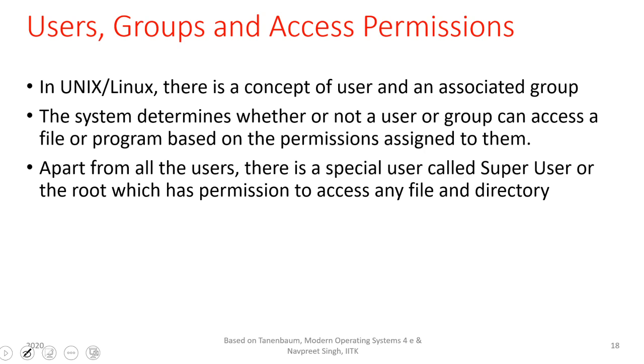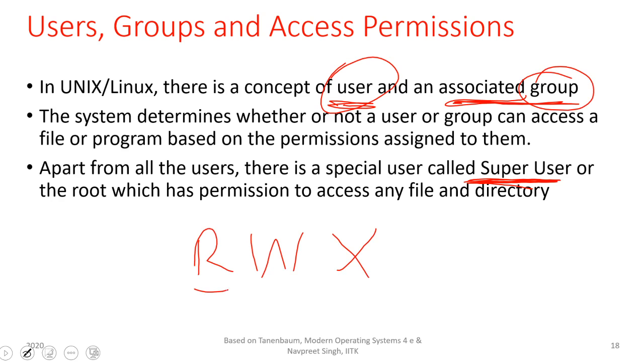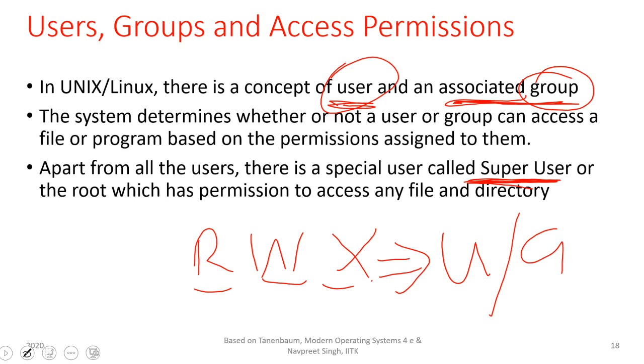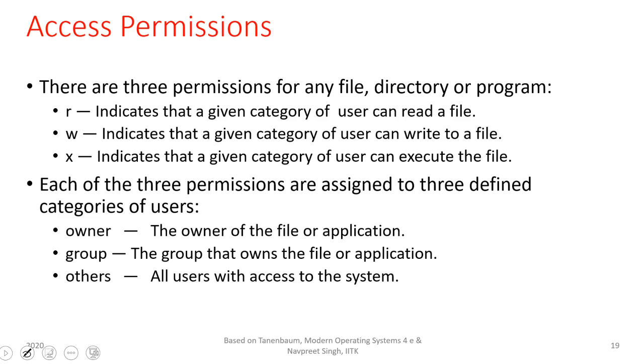Then in terms of access control and security, in Linux operating systems, we have the concept of users and user groups. And then we have administrators that are identified as super users. And then permissions can be granted to users or groups based on the privileges. So we can give read, write, or execute permissions to users or groups. So that is basically what we can do in terms of access control and security.